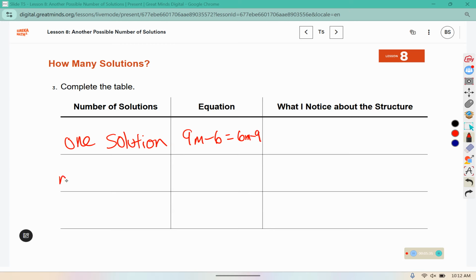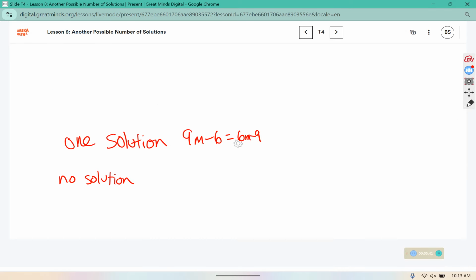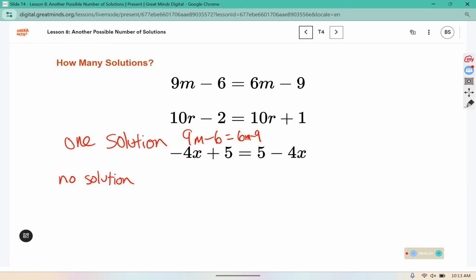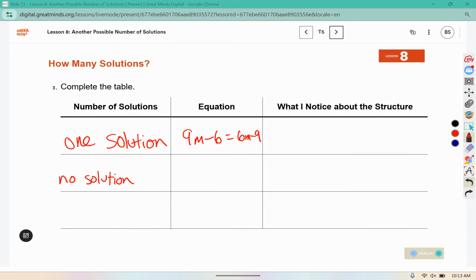Then we had a no solution, which was 10r minus 2 and 10r plus 1.